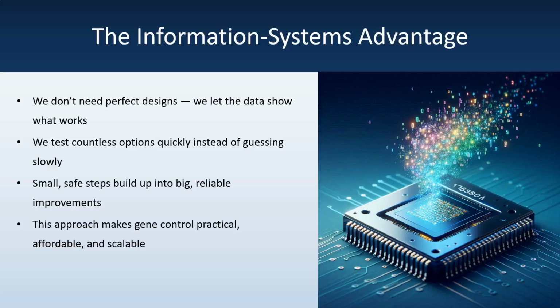The information systems advantage. Everything in this process comes from using the information systems approach described in Darwin's Machines 2024. Instead of trying to design perfect gene controllers by hand, we gather enormous amounts of data and organize it into clean information streams. In this case, molecular counts across time. Each stream becomes a signal that tightly constrains the problem set.